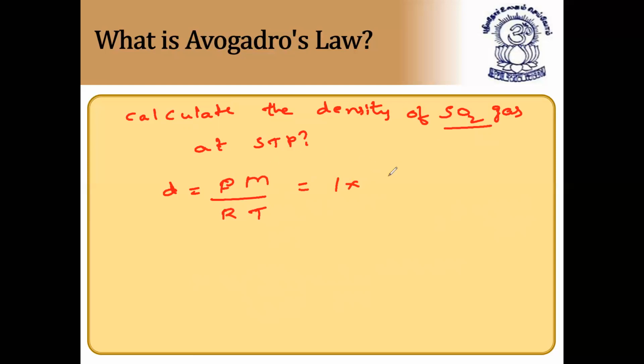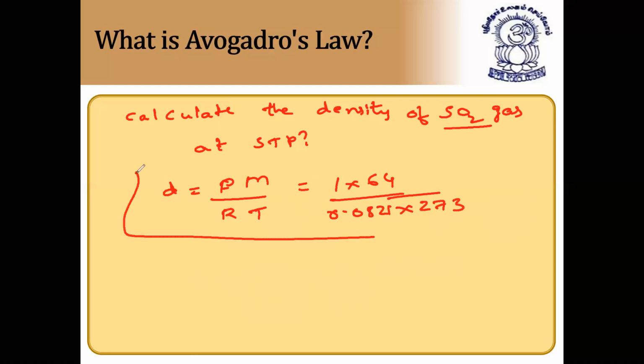Molecular weight of sulfur dioxide is 64, divided by R value 0.0821 into temperature 273 Kelvins. In this way you'll get density also. This is another important model which I want to discuss with you, so that's why I have given it here. D is equal to PM by RT. I hope it is clear now. Next.